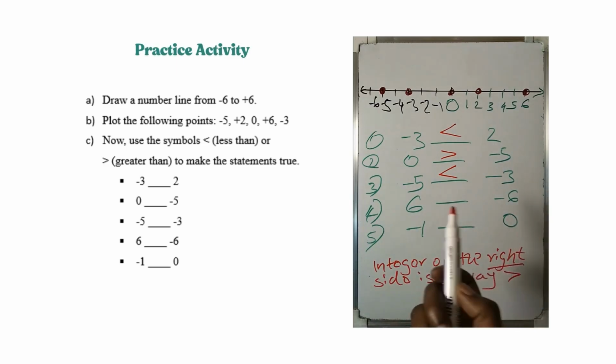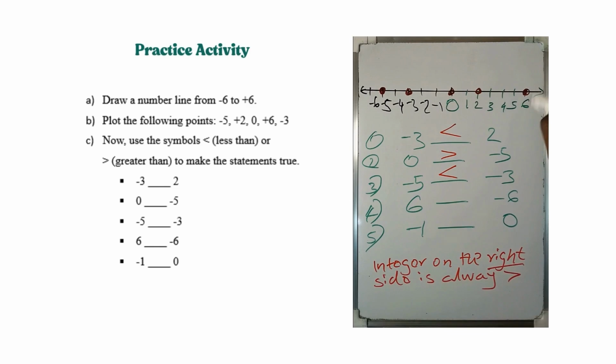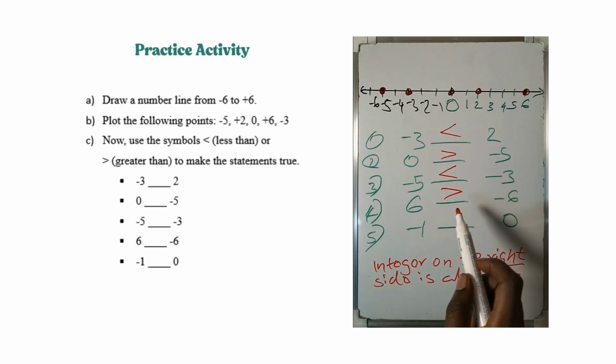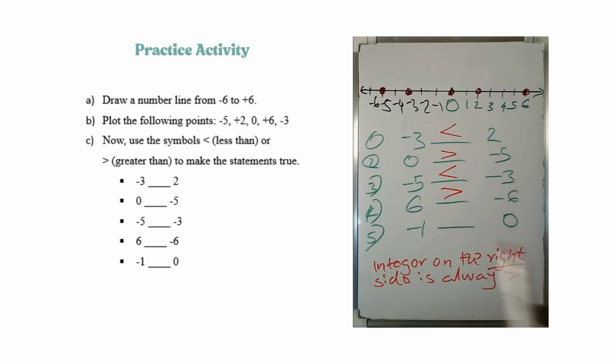This is straightforward. You can see 6 is on the right side, and the integers on the right side are always greater than the integers on the left side. So 6 is greater than -6.